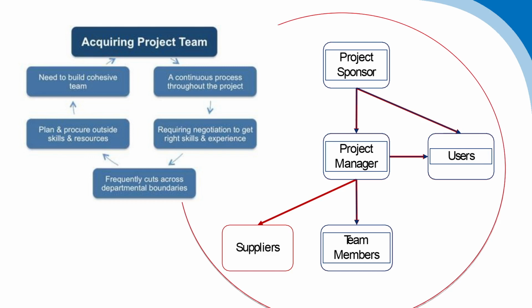You may have project boards that serve to oversee projects in some organizations. You have what are called PSOs, or project support offices, or PMOs, project management offices, in other organizations whose role it is to oversee, monitor, and support projects within the organization. But there's usually an identified individual project sponsor who has taken on sponsorship or ownership of the project, usually again within senior levels of management.